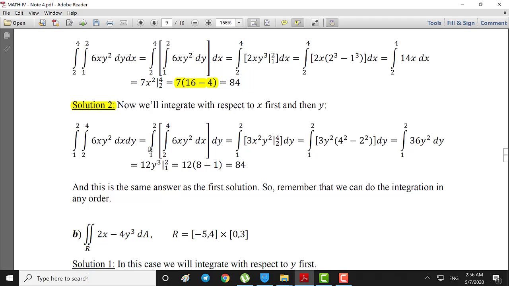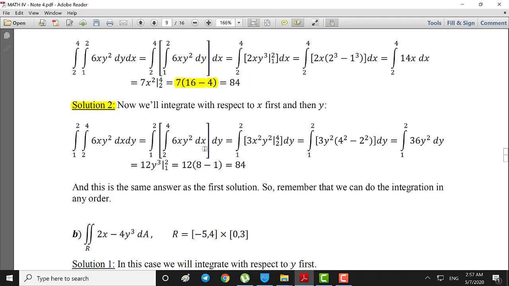If you write it like this, and we decide to integrate with respect to x first, outside we're going to have dy and y changes from 1 to 2. We have to be careful about setting up the correct lower and upper limits for each of the integrations. Now, calculating this one, the integration of 6xy², we are calculating the integral with respect to x.